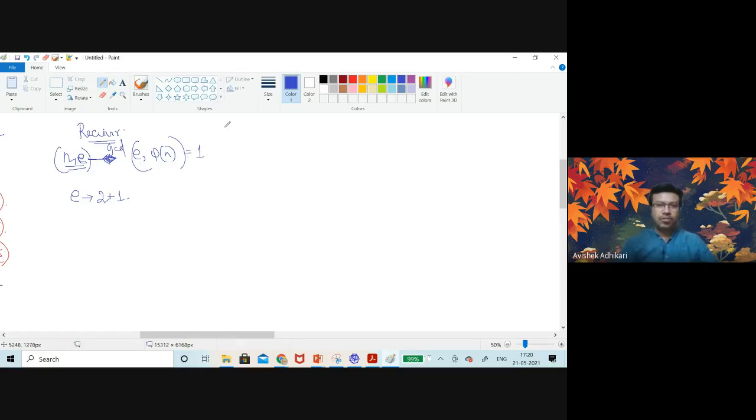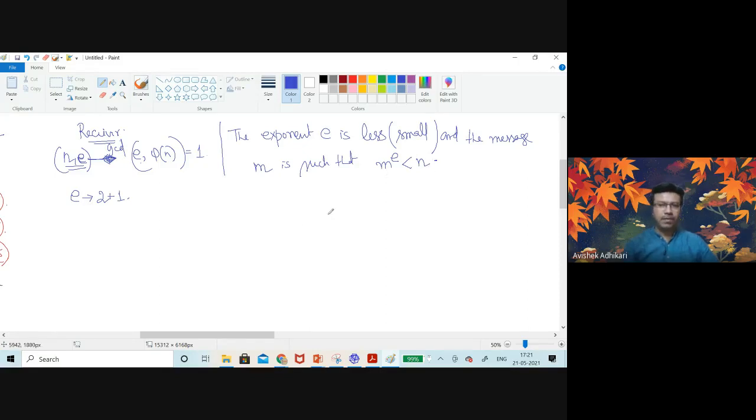So my assumption is that the exponent E is small, and the message M is such that M to the power E is strictly less than N. So you are choosing M.